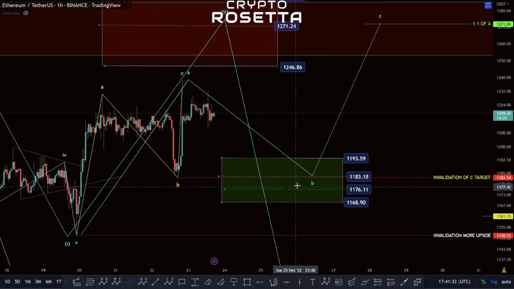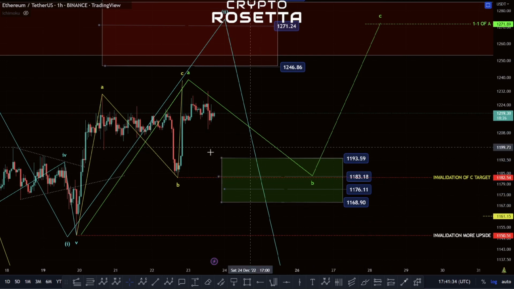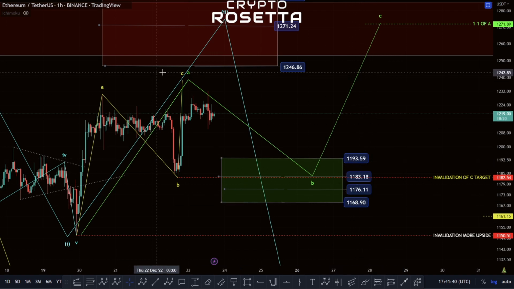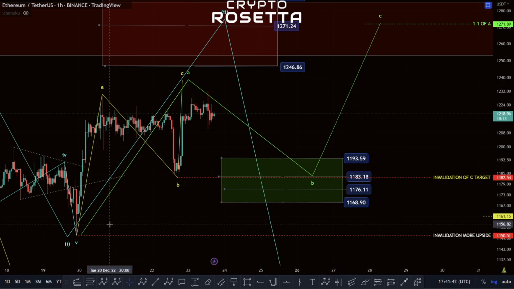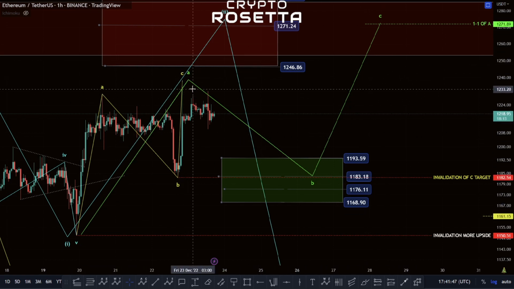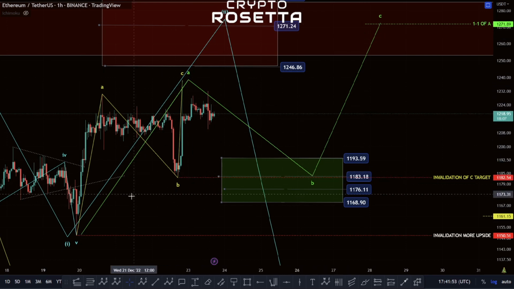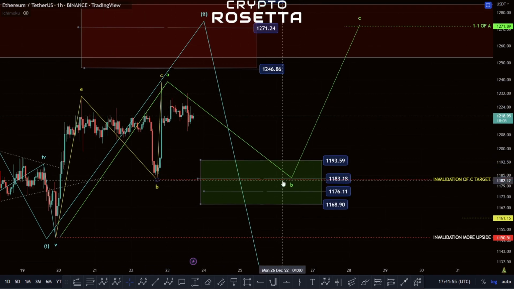We can see here that this is the typical support zone that we have for a B wave retracement, and this comes up between this 1193 zone to this 1168 zone. Basically, this would be looking at the potential for an A, a B, and then looking for the C wave to come up at a later date. Effectively, just making this a more complex correction to the upside, and it would just be looking for this B wave down and then that C wave to the upside.